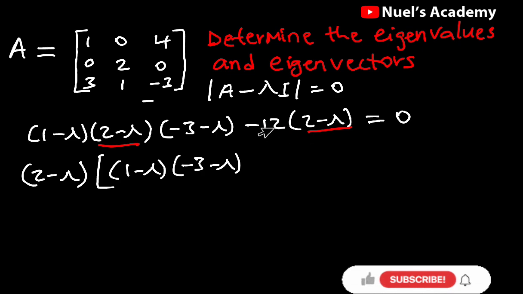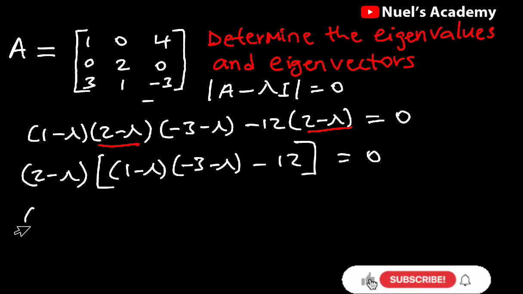Now 12 multiplied by 2 minus lambda divided by 2 minus lambda, we're going to be left with minus 12. Alright, now this is equal to 0.